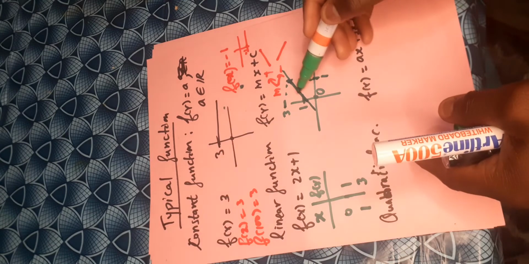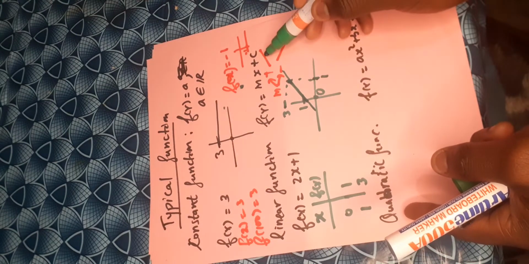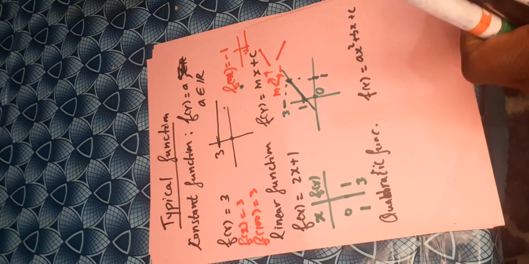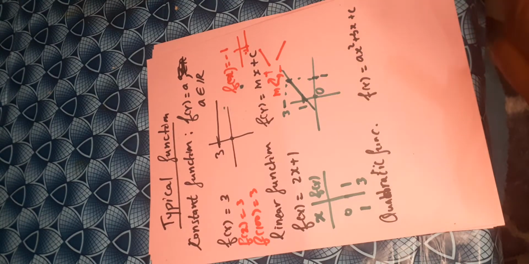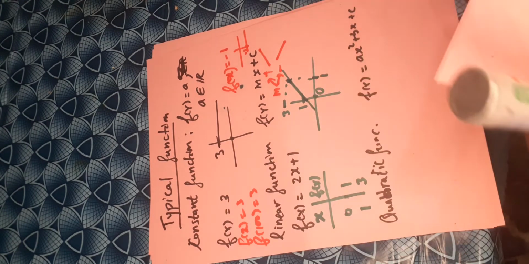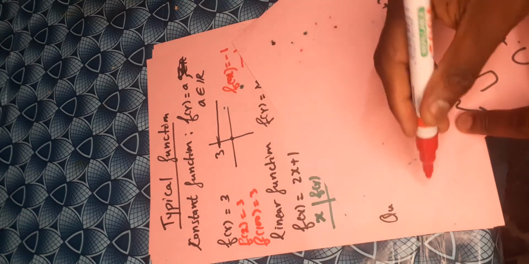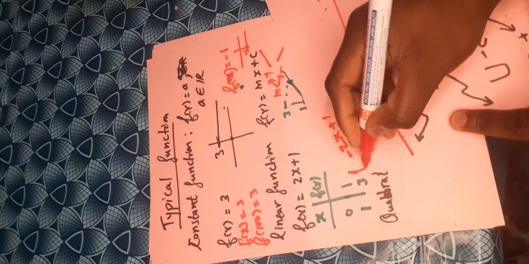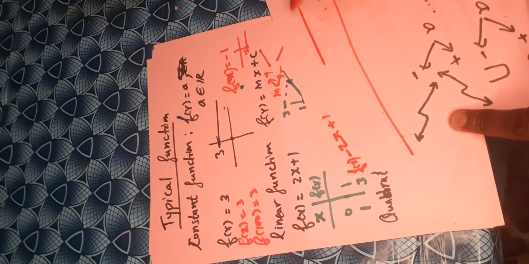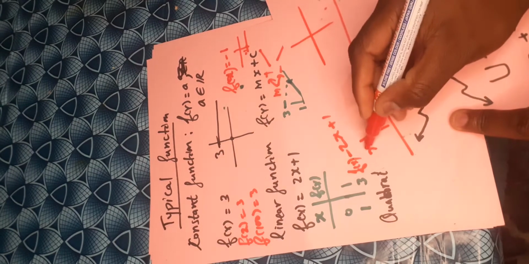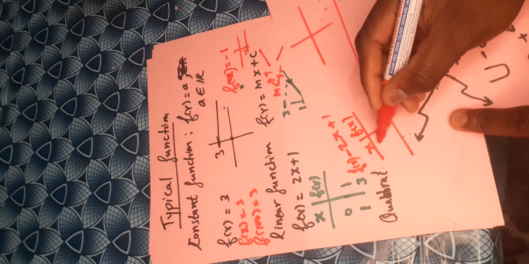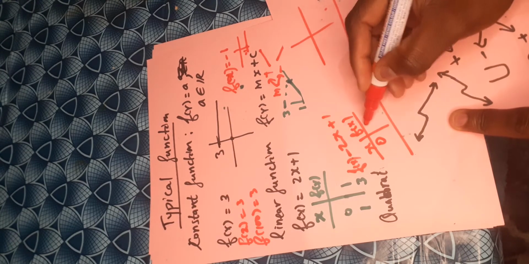You see, because m was positive, I get this type of line. But now let me twist it a little bit. If I had minus 2x plus 1 as my f of x, what will my graph be? Please always try that table, it's very important. Let's take 0. If x equal to 0, y will definitely be equal to 1.